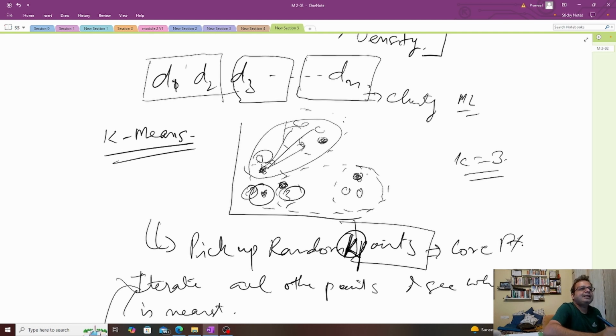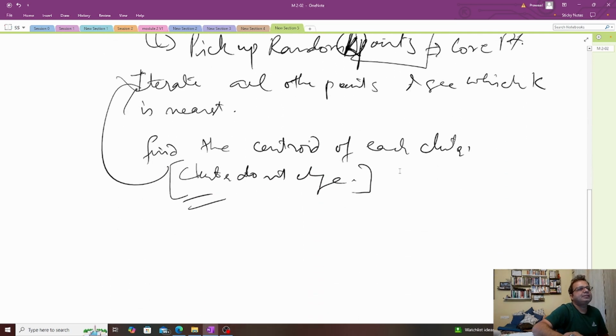But in your second iteration you find the centroids, then this will become the centroid of this cluster, and this will become the centroid of this cluster, and in the second iteration itself you will be able to isolate these clusters. So it really doesn't matter so much how you start, you will find an equilibrium.